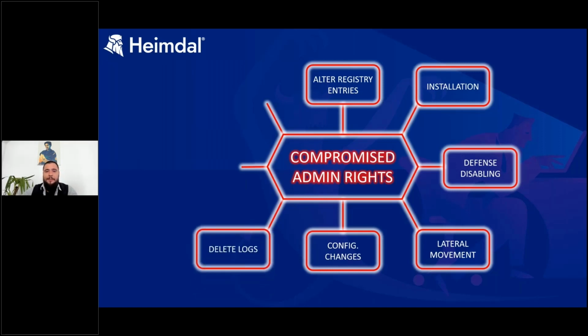I will delete my traces so that you cannot find me. You cannot point the police to who actually attacked you. Then I will use powerful system tools like the ones you've seen earlier, Sysinternals tools, like the one with which I harvested the credentials, and so on and so forth, right?